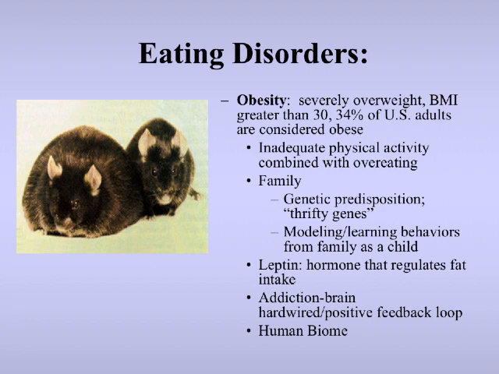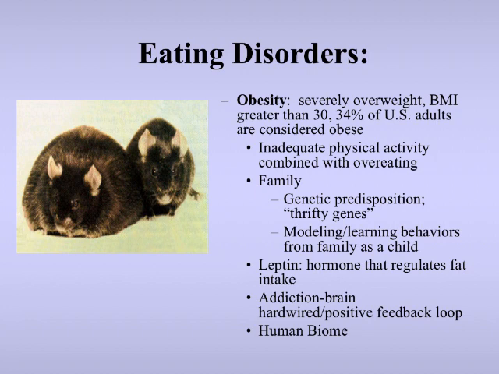From an evolutionary perspective, we say that these are genes that have been passed down through generations, and these genes are very efficient at storing calories and storing fat, so that in times of scarcity, this individual is at an advantage.